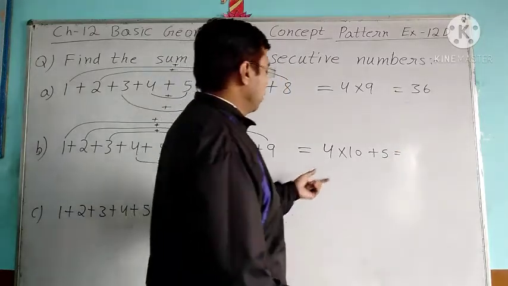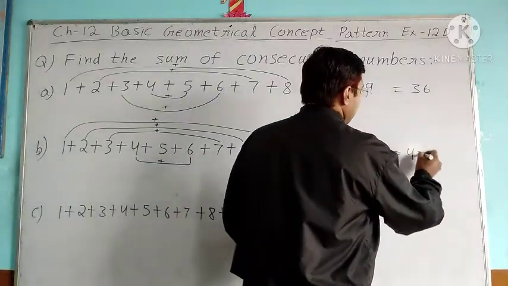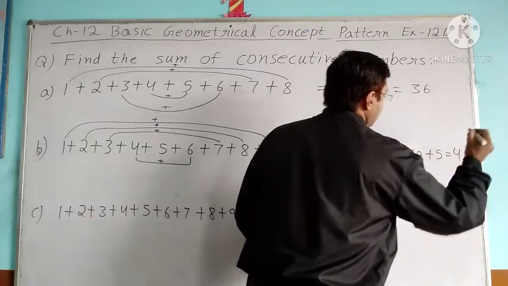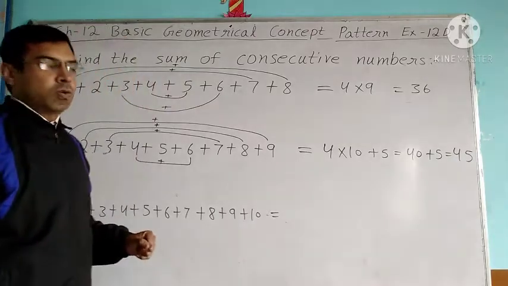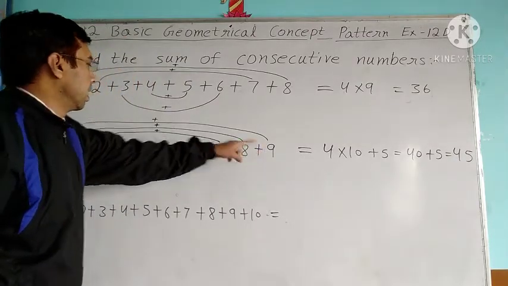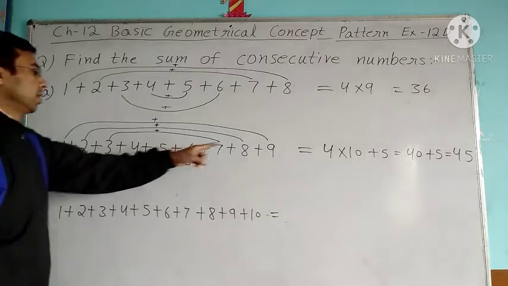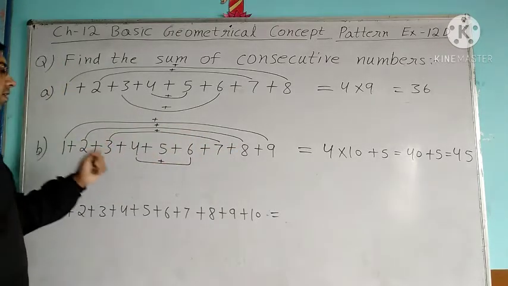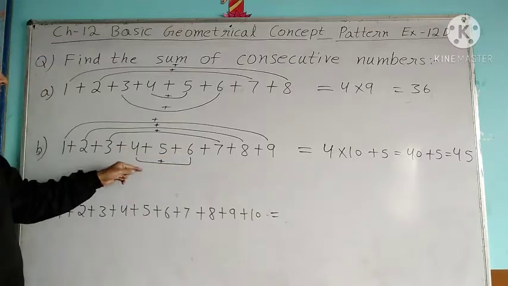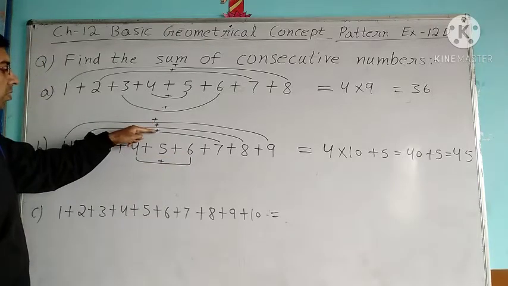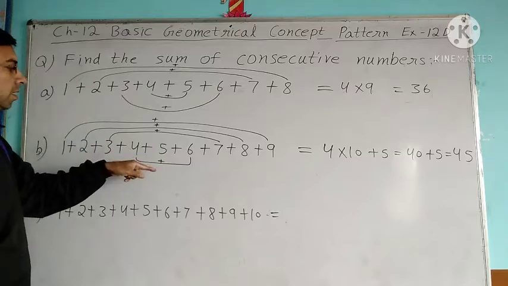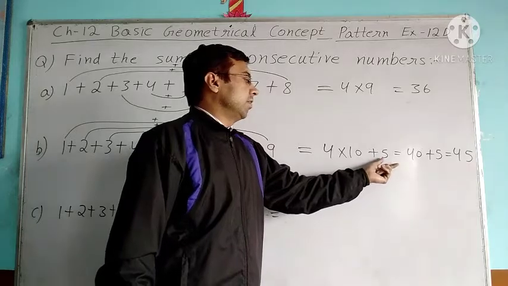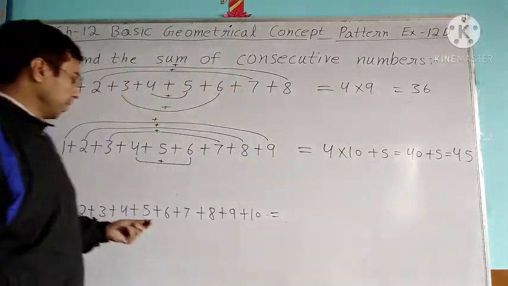So using the BODMAS rule, 4 into 10 is 40, plus 5 is equal to 45. I hope you all have understood. See here, 9 plus 1 is 10, 8 plus 2 is 10, 7 plus 3 is 10, 6 plus 4 is 10. How many 10s? 4 times 10. And 5 is left. 4 into 10 is 40, and we add 5. 40 plus 5 is 45.